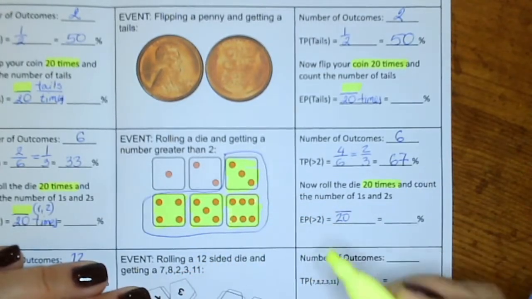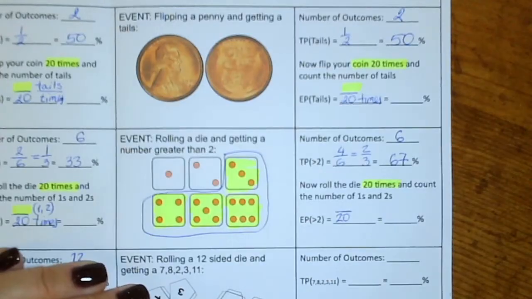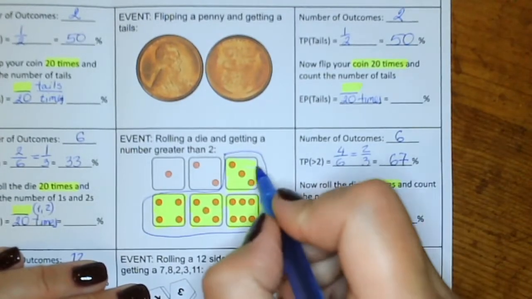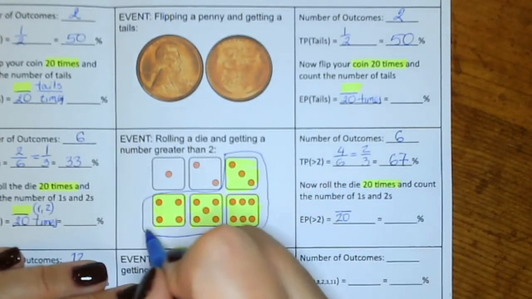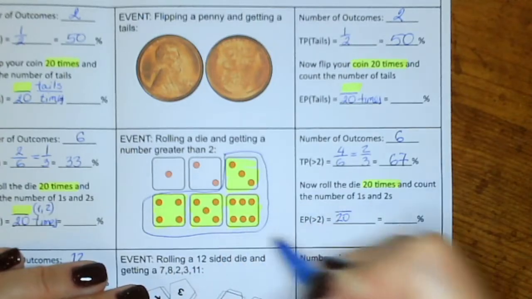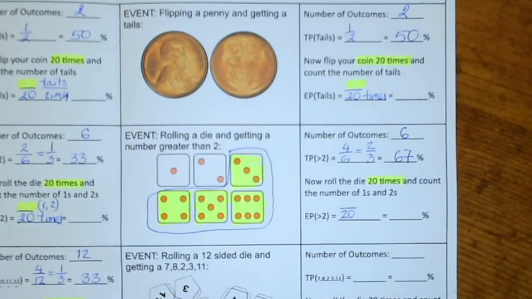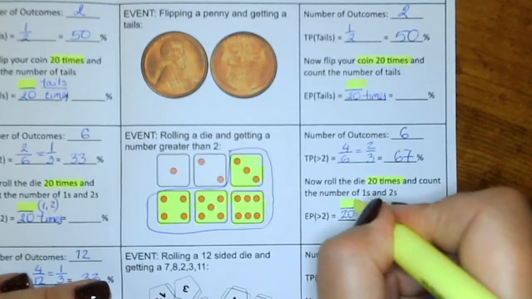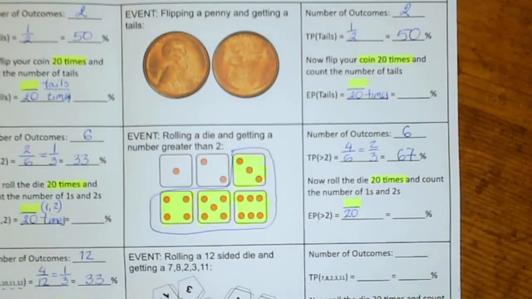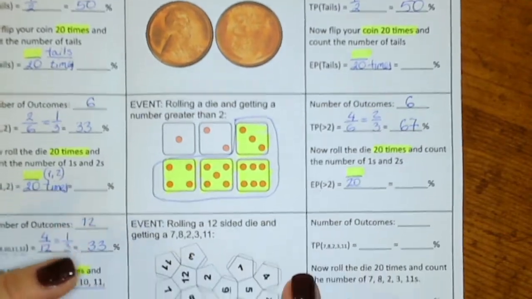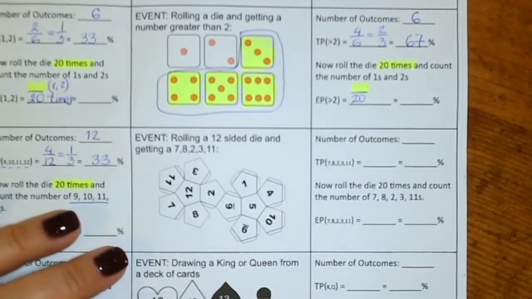So you're going to roll 20 times and then keep tallies. You see a 3, put a tally mark. You see a 4 or a 5, put a tally mark, and then record how many times you get a number greater than 2 out of the 20 times of the experiment that needs to be performed.